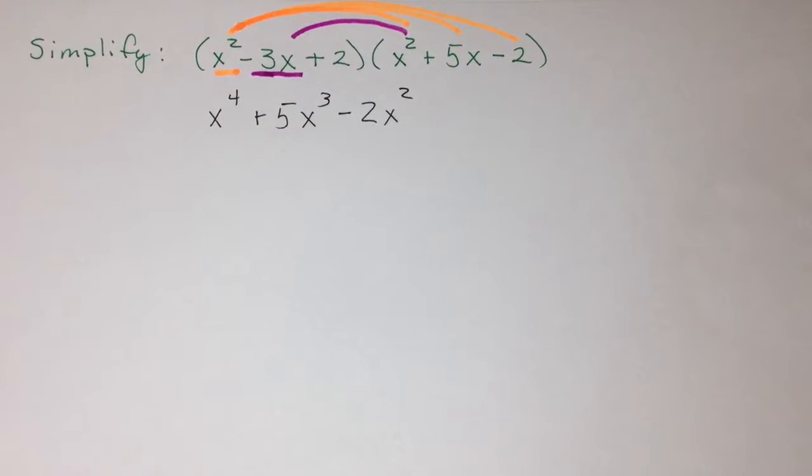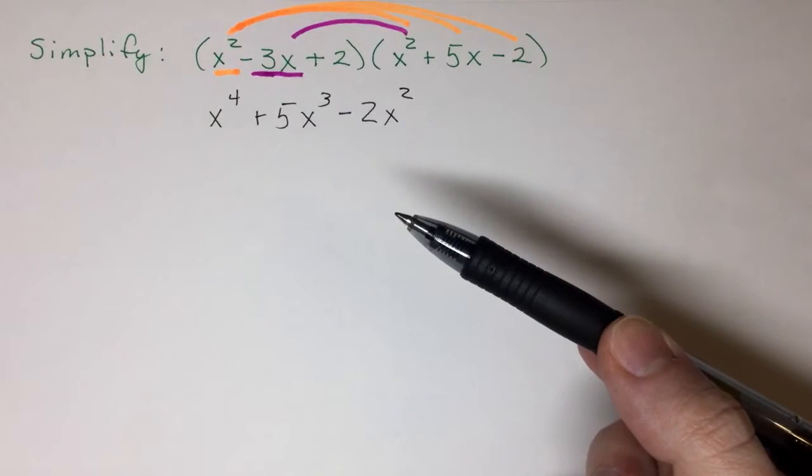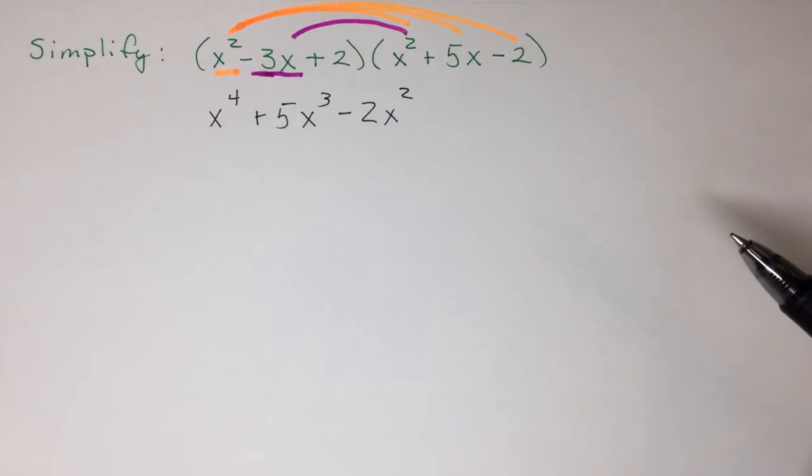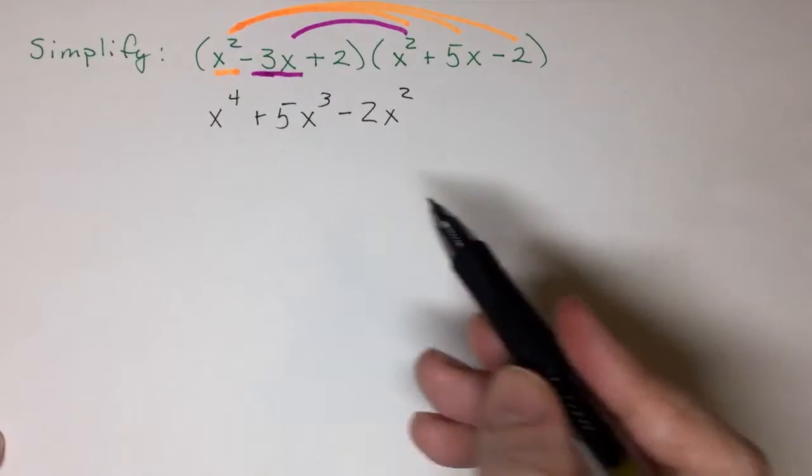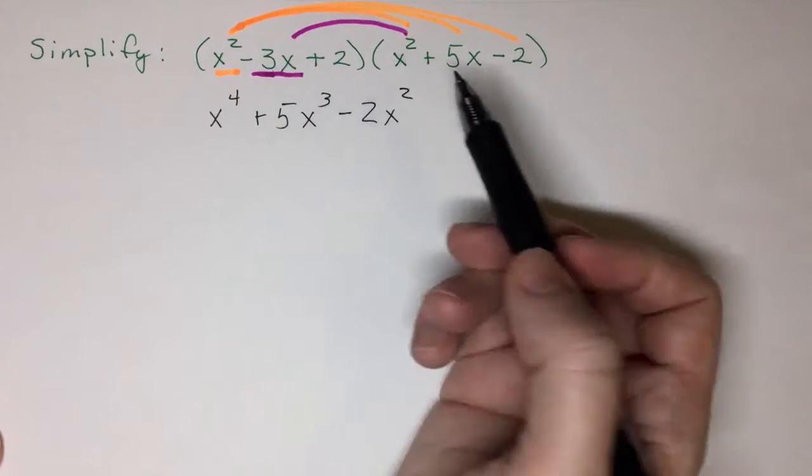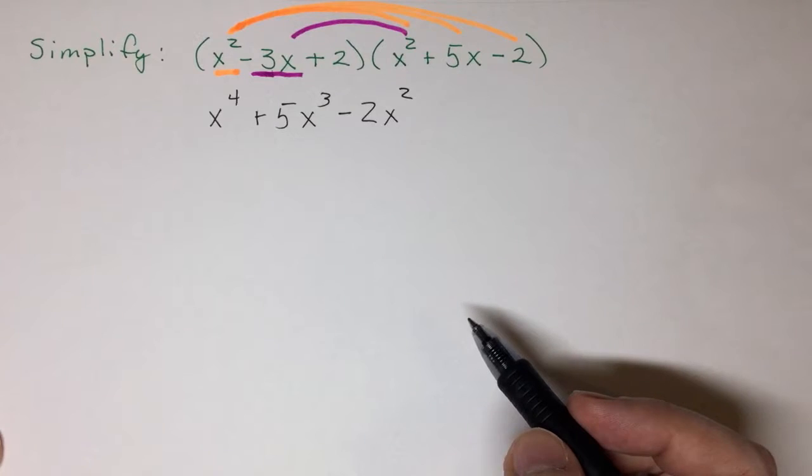And you see here why I'm using different colors for showing that distribution if it helps me. You'll reach a point where you'll do that step mentally, but getting started, drawing those arrows can be very helpful. Problem is if I'm using the same color I'm writing with, those lines get a lot harder to see. Okay. So negative 3x times x squared is negative 3x cubed.